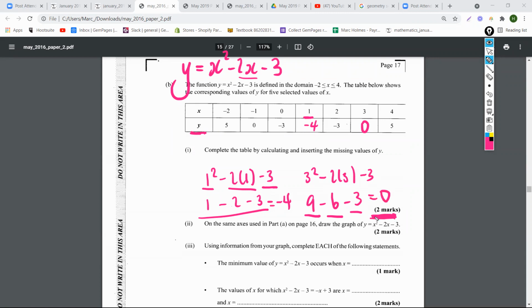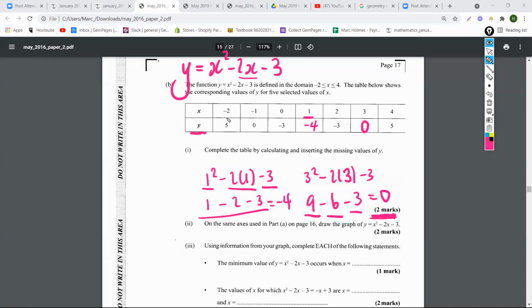This is the easiest 2 marks you could have got. So once you do that, you're good.